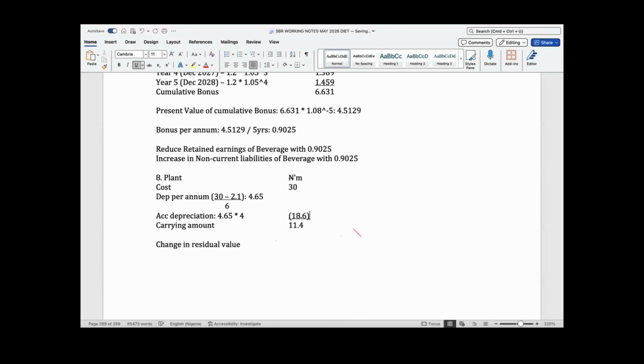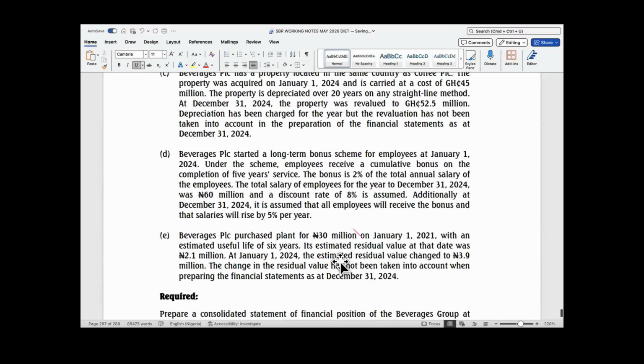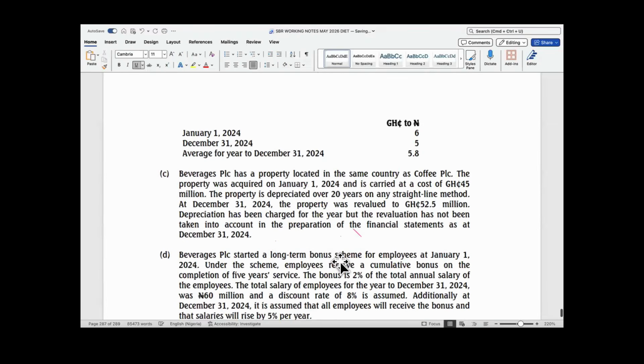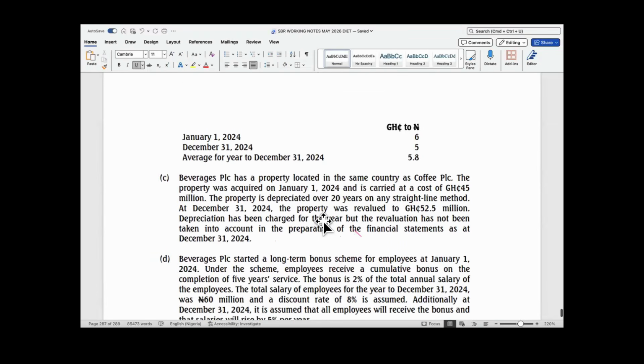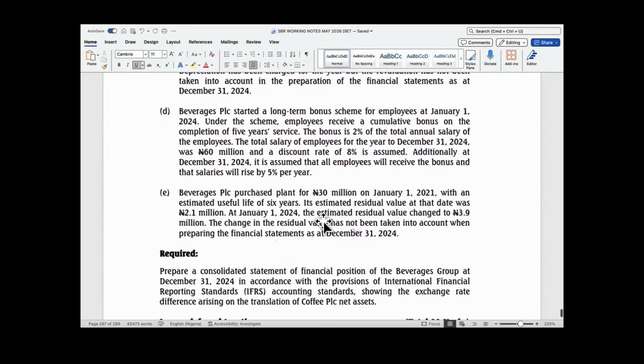I cannot remember; I think they wrote it in the question. Yes, the new residual value is 3.9. Let me see. Okay, they changed the residual value at the beginning of 2024.